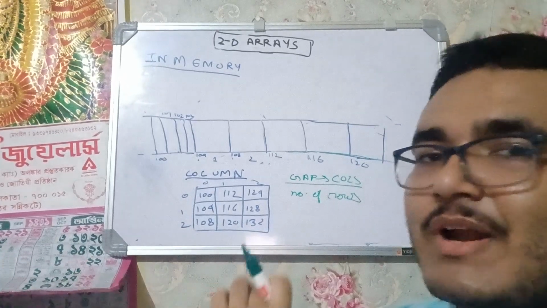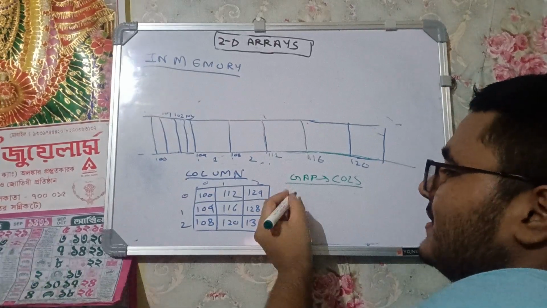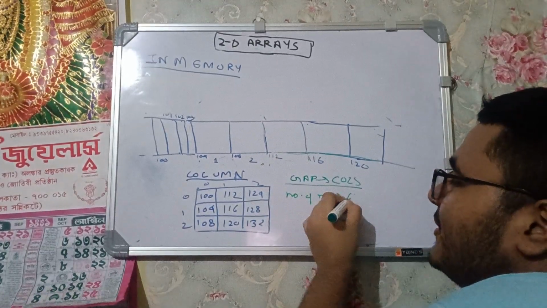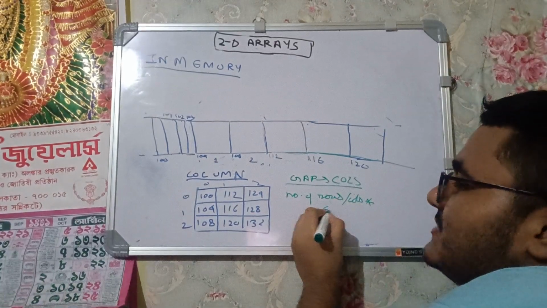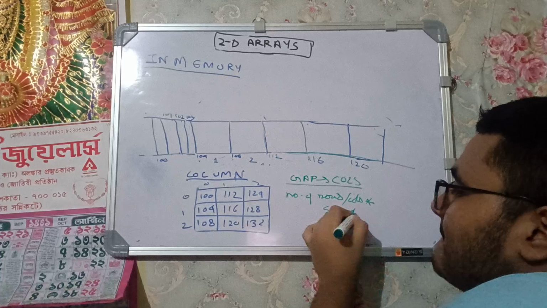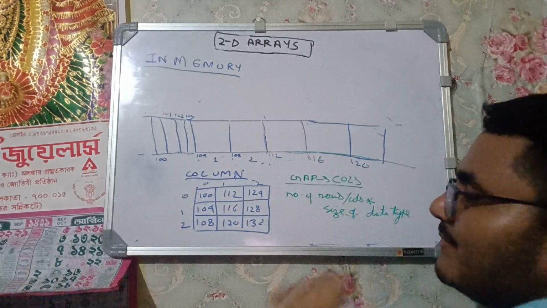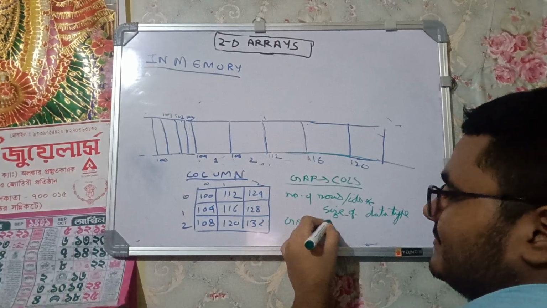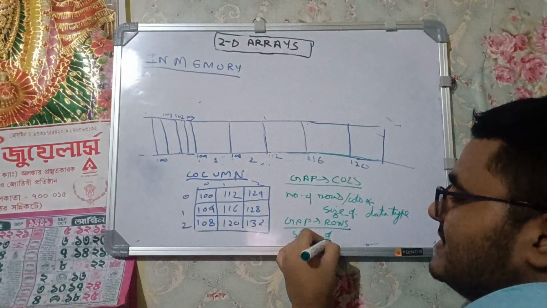For now, consider the number of rows or columns, anything, into the size of data type, and the gap between rows is the size of data type.